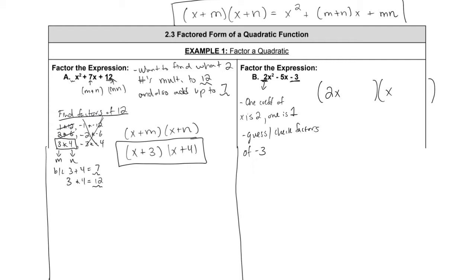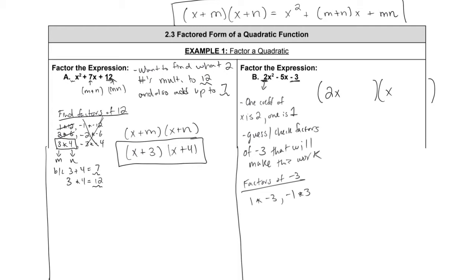So guess and check factors of -3 that will make this work. Let's list the factors of -3. It's only 1 times -3 or -1 times 3.